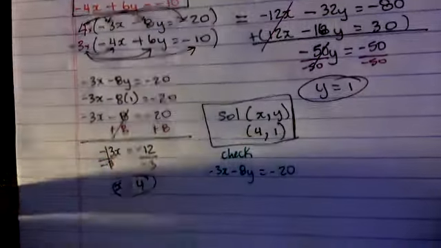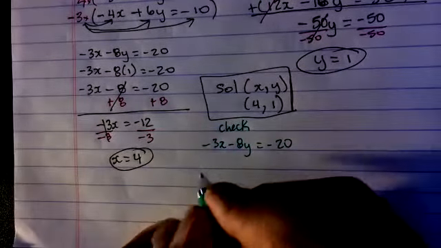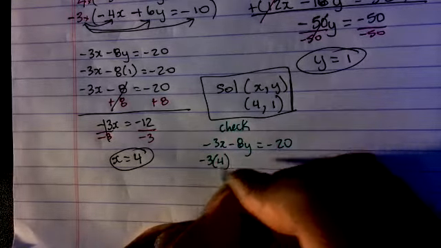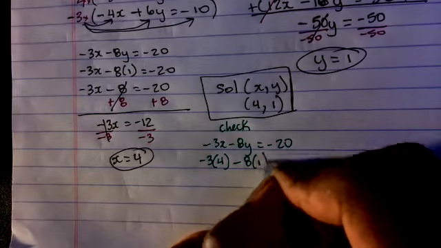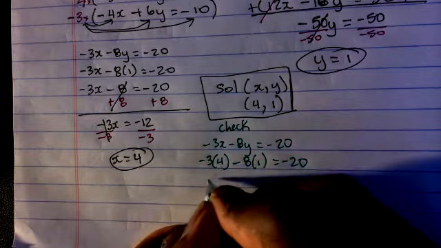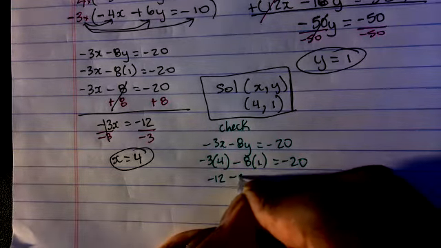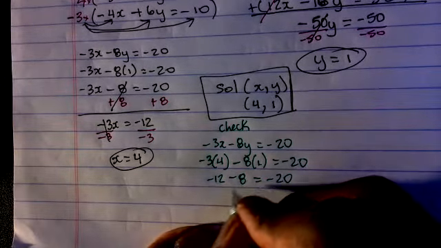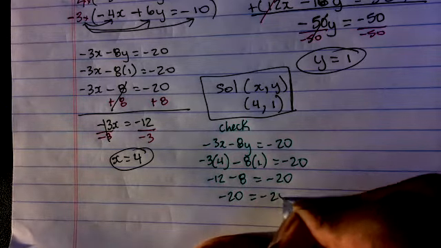So I say negative 3 times 4 minus 8 times 1 is equal to negative 20. Negative 3 times 4 is negative 12. Negative 8 times 1 is negative 8. So we have negative 12 minus 8, which gives me negative 20, equal to negative 20.